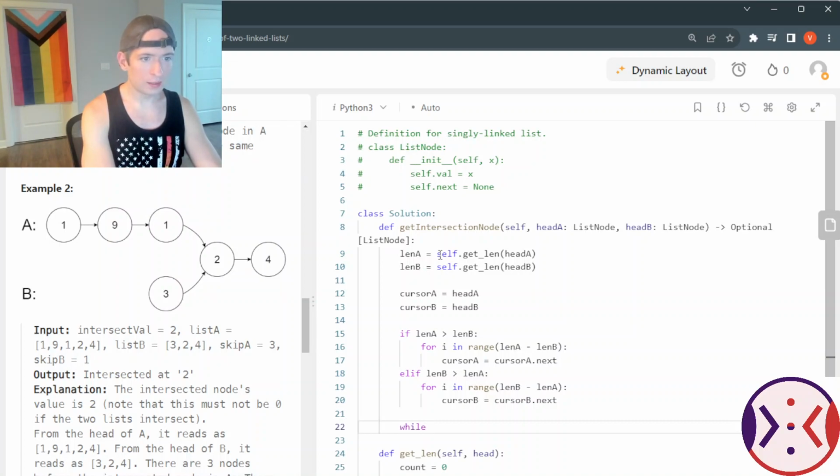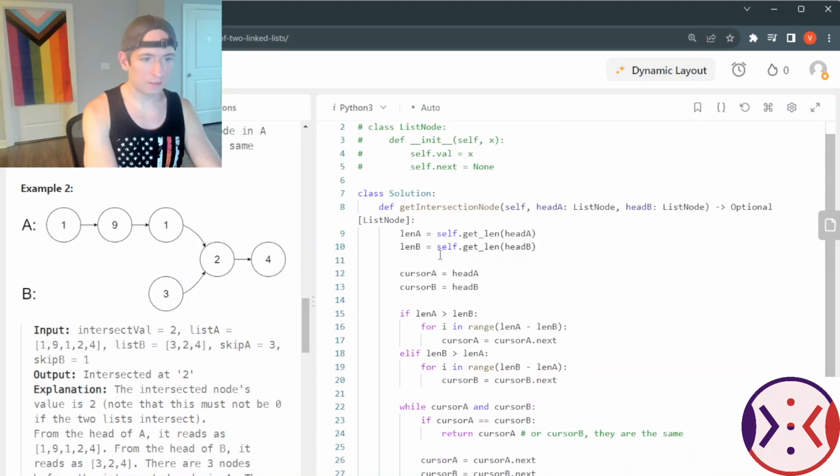So while cursor A and cursor B, if cursor A equals cursor B, return cursor A or cursor B, they're the same, and otherwise cursor A equals cursor A dot next, cursor B equals cursor B dot next, just straightforward traversals down there.